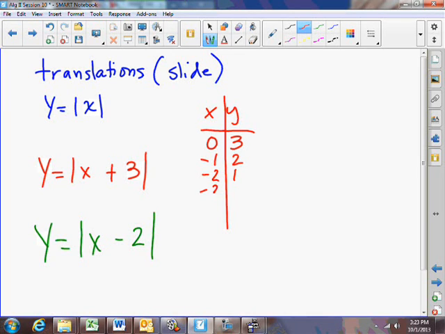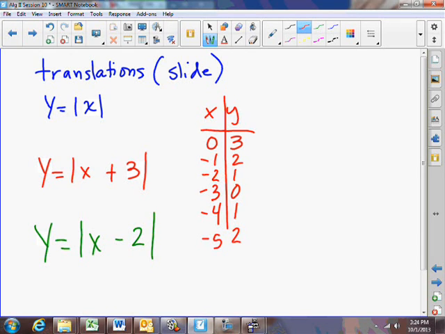If we put negative 3 in, negative 3 plus 3 is 0, absolute value of 0 is 0. If we put negative 4 in, negative 4 plus 3 is negative 1, absolute value of negative 1 is 1. Let's put negative 5 in. Negative 5 plus 3 is negative 2, and the absolute value of negative 2 is 2.